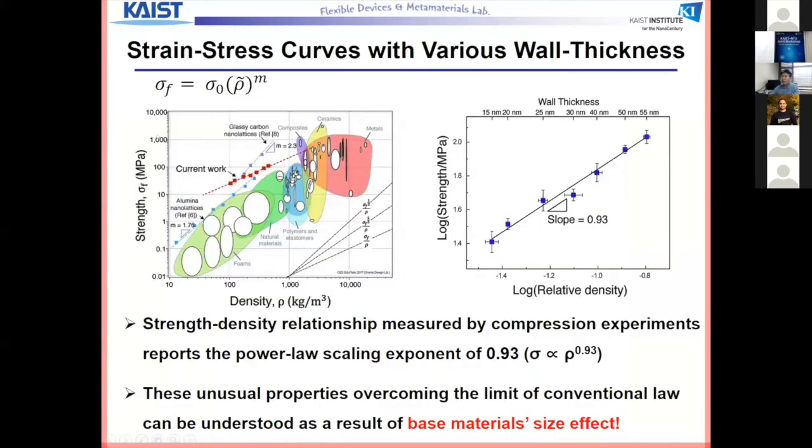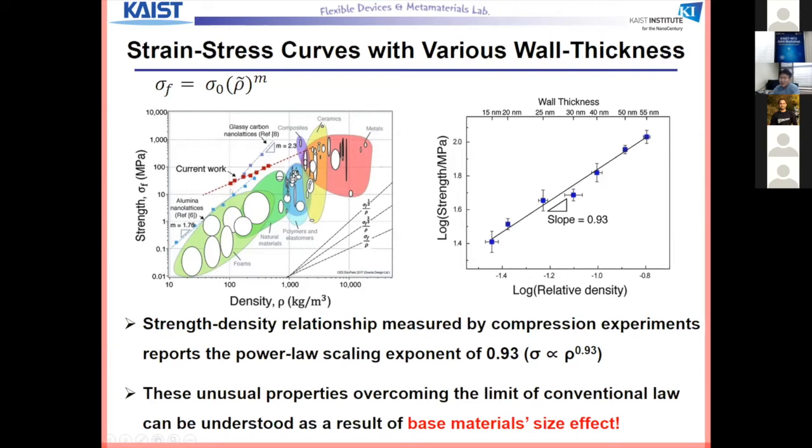One of the very well-known old topics of mechanics is the Ashby plot. So here are strength and material density. Generally speaking, heavier material is stronger, and foams, the very lightweight materials, are weak. But if we can use good materials in a three-dimensional porous structure, we can escape from the material's limit.